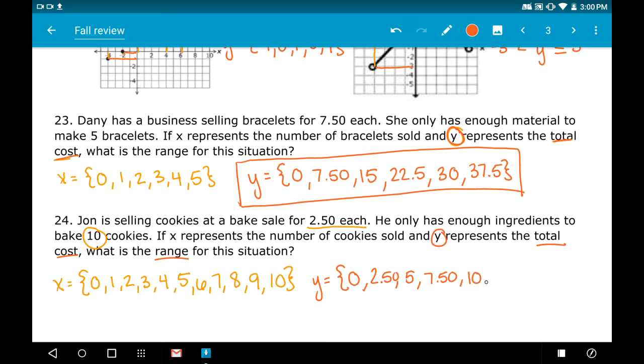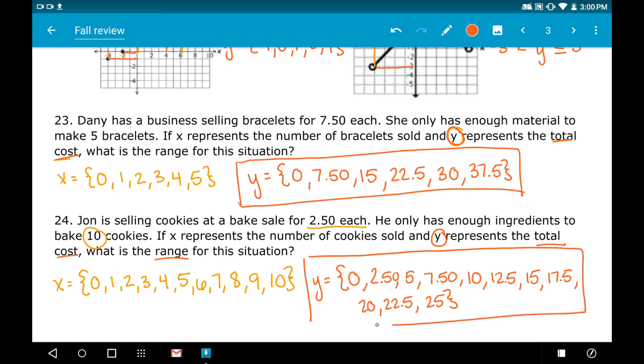Then 10, that's 4. 12.5 is 5. 15 is 6. 17.5 is 7. 20 is 8. 22.5 is 9. And 25 would be 10. So this right here would be the range for this situation. And that is domain and range.